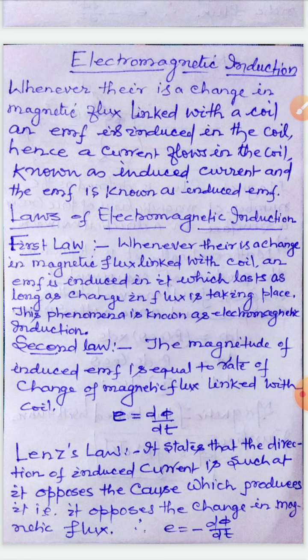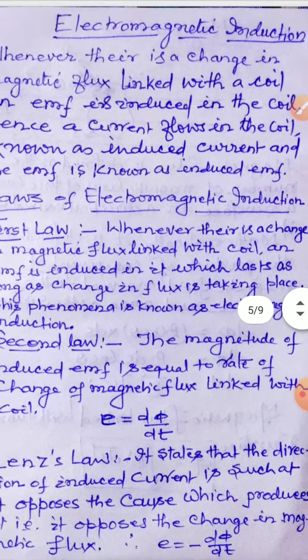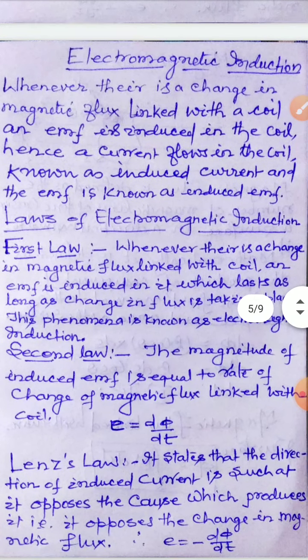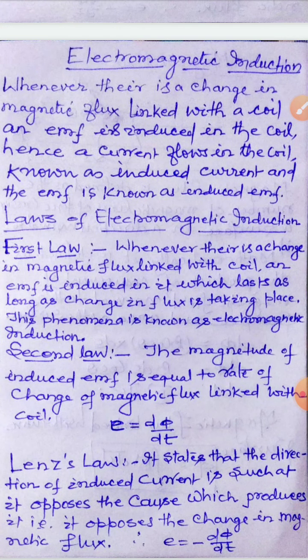The same thing is stated in the first law of electromagnetic induction. That is, whenever there is a change in magnetic flux linked with a coil, an EMF is produced in the coil which lasts as long as the change in magnetic flux is taking place, and this phenomenon is known as electromagnetic induction.